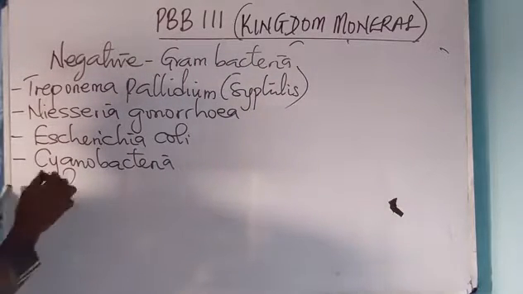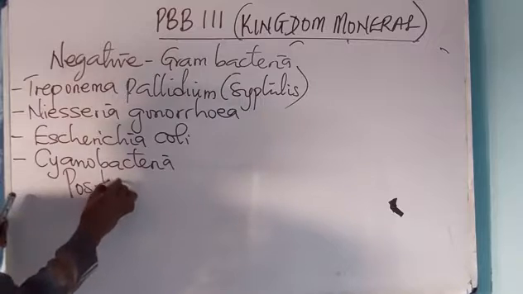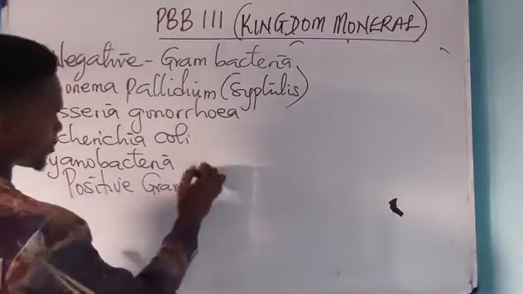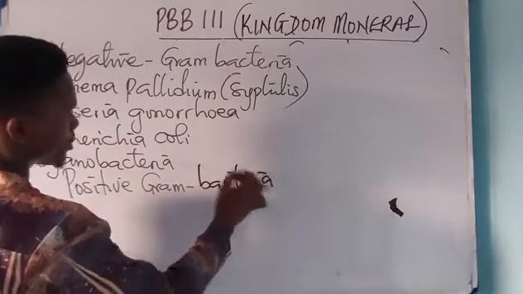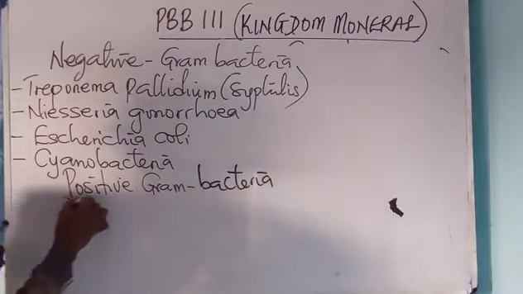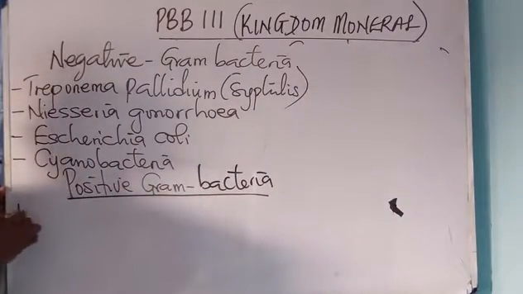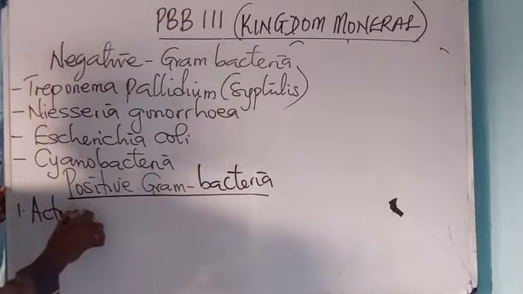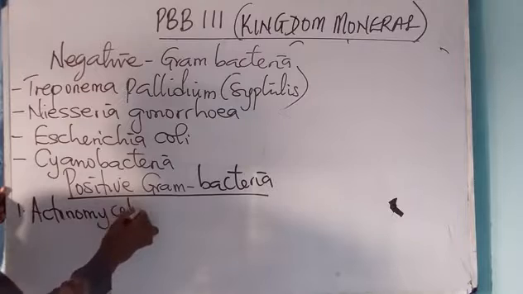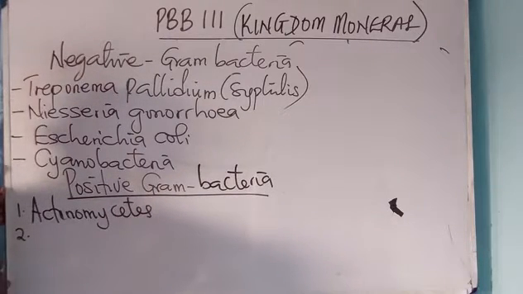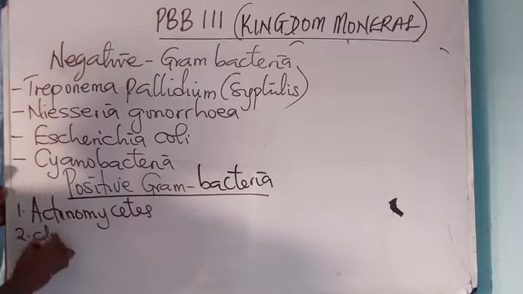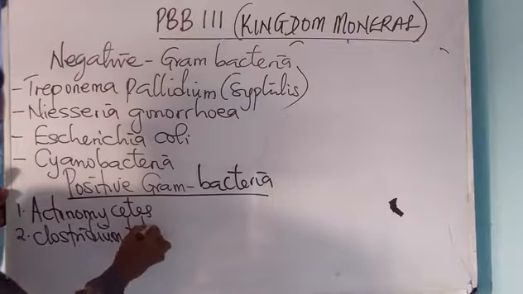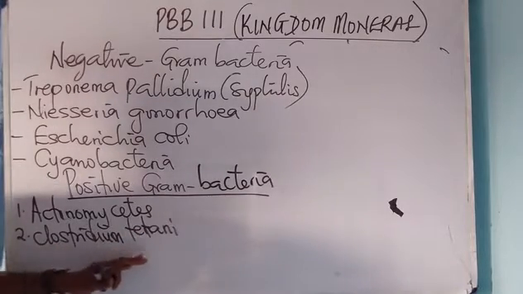Now the next one is what? Let us check some examples of the gram positive bacteria. Examples of these bacteria are one, the actinomycetes. Two, we have the Clostridium tetani.